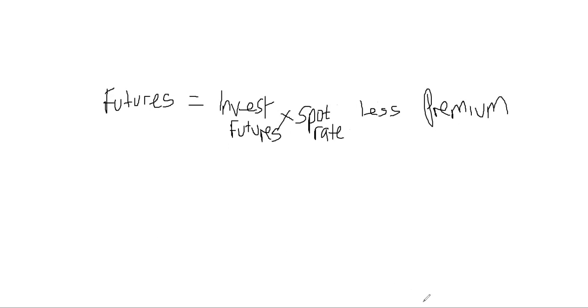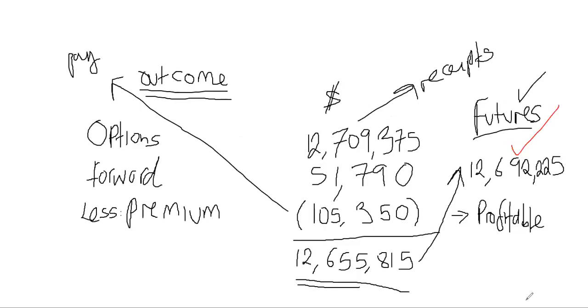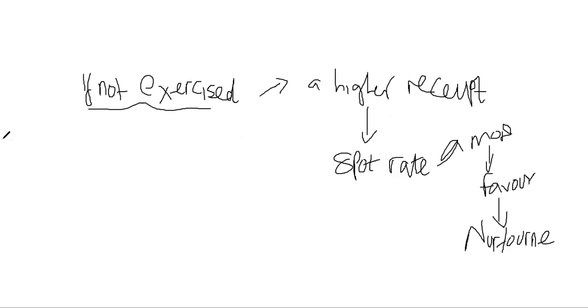So on the futures, how much did we get on the futures? 12,692. So now you have 12,692, then 225.